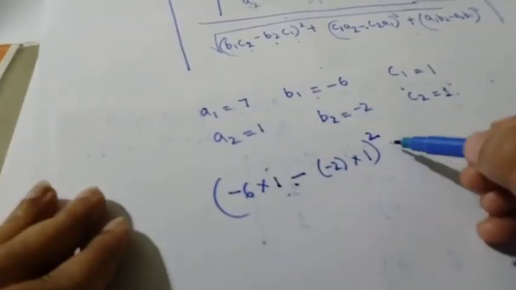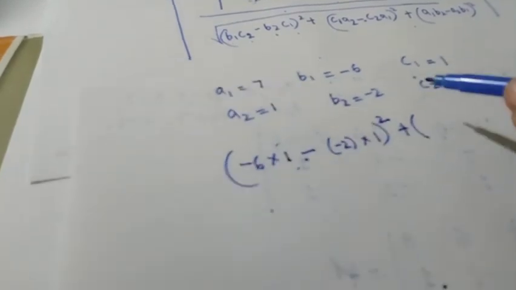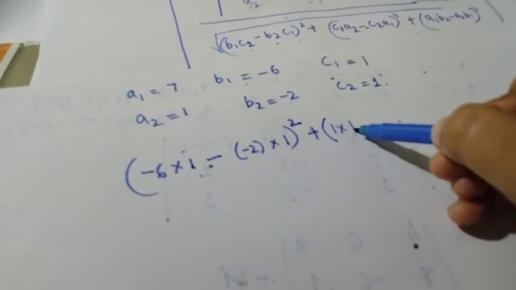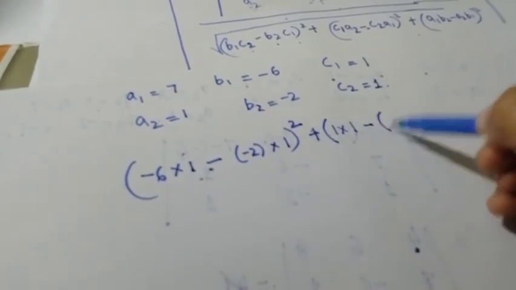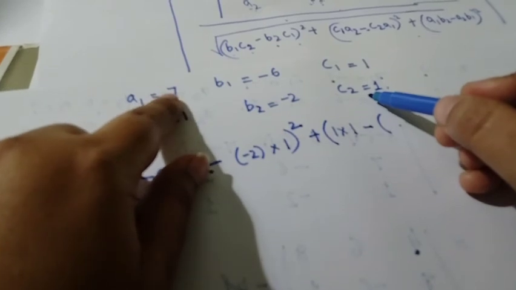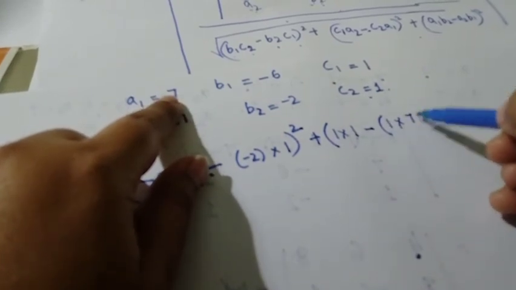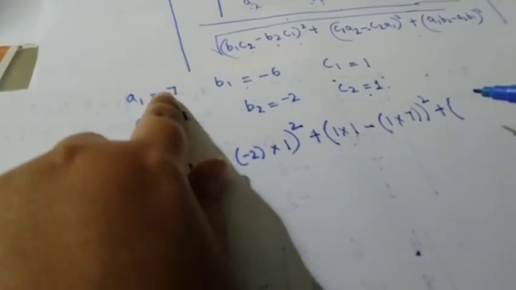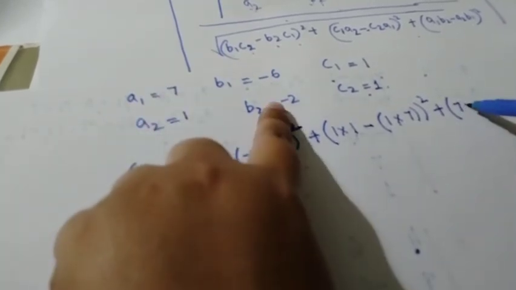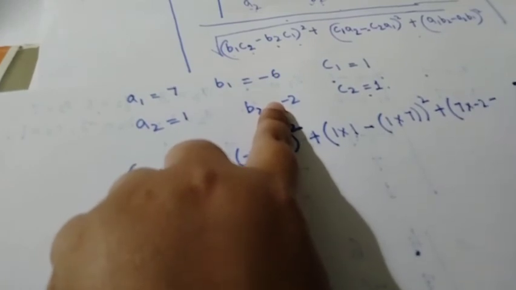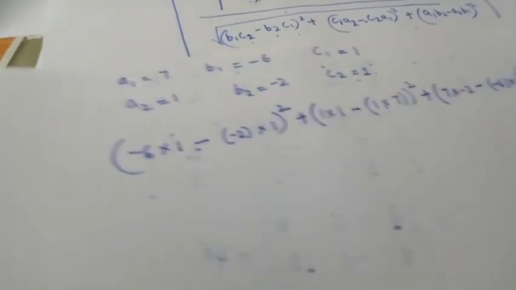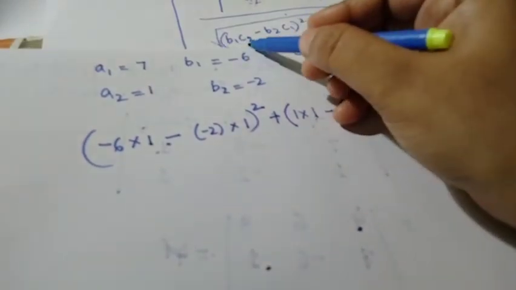Okay, plus c1 a2, c1 is 1 into a2 is 1, minus c2 a1, c2 is 1 into a1 is 7, whole square, plus a1 b2, a1 is 7 into b2 is minus 2, minus 6 into 1, whole square. So I have substituted all these values.